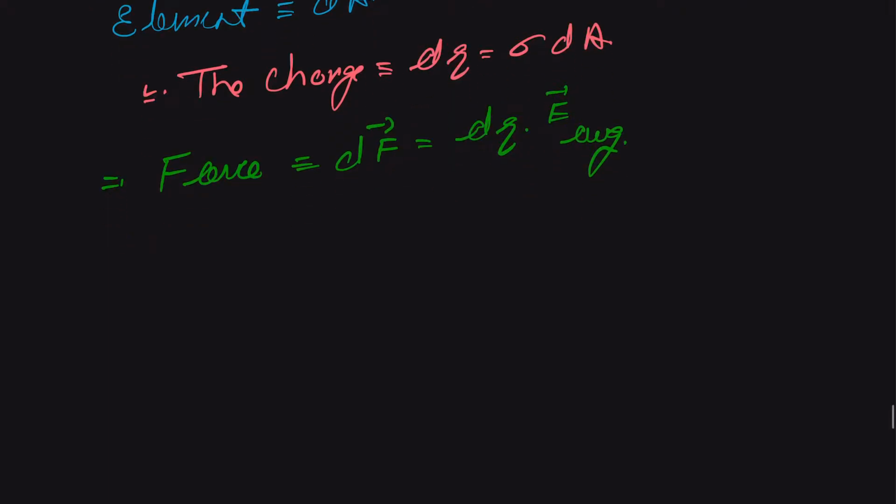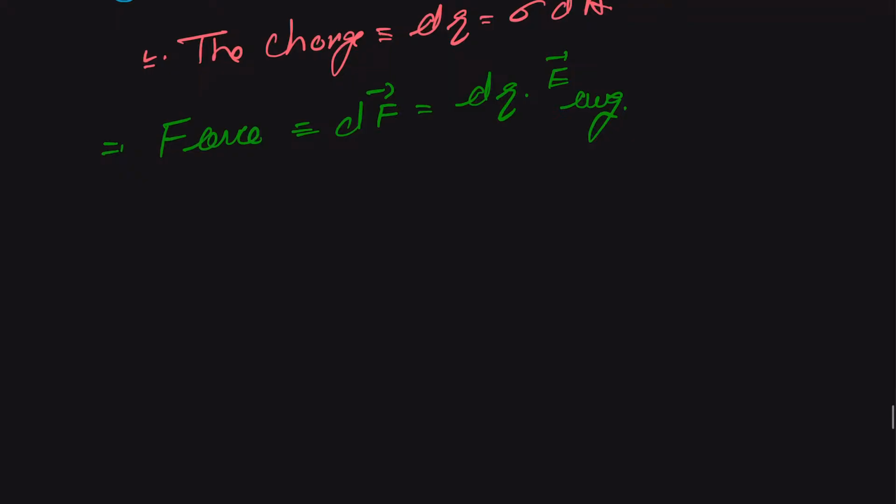And we already know the value of our average electric field, therefore we can substitute dq, and we get the force as charge density multiplied by E average, dA, and n unit vector.